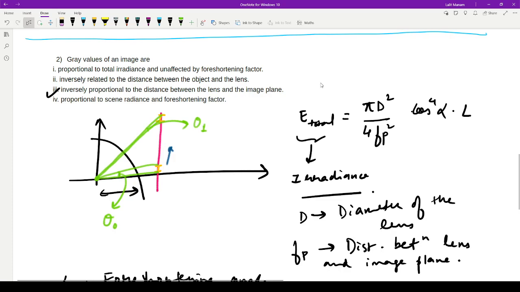The first one, proportional to total irradiance and unaffected by foreshortening? Well, it's affected, right? We have a foreshortening factor here, cos alpha. So the fourth one: it's proportional to the scene radiance and foreshortening factor.